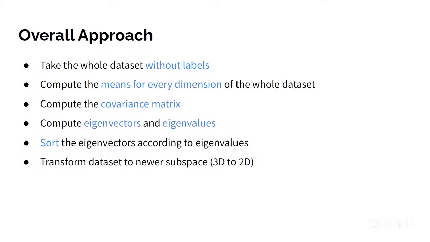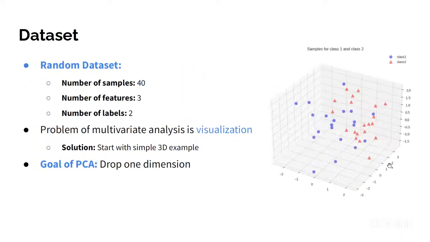You calculate the mean and covariance matrix, get the eigenvectors and eigenvalues, sort the eigenvectors according to eigenvalues, and transform to a newer subspace. This we'll see. You don't have to do everything by hand in Python because scikit-learn already has a convenient class for us to do all this. But I'll walk you through how to do PCA.